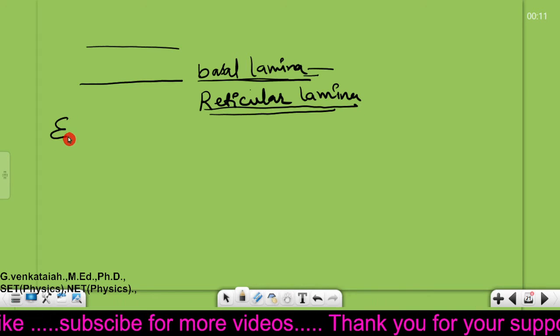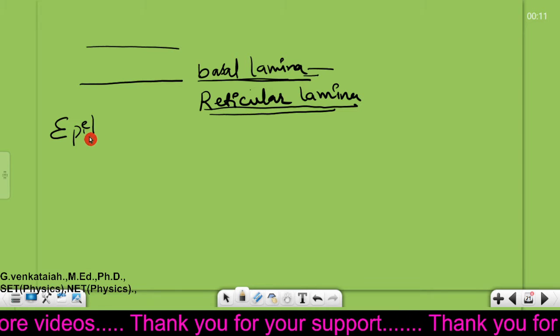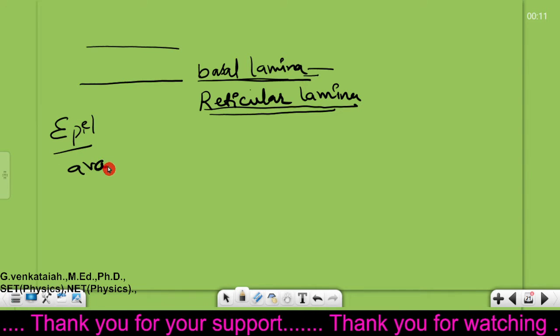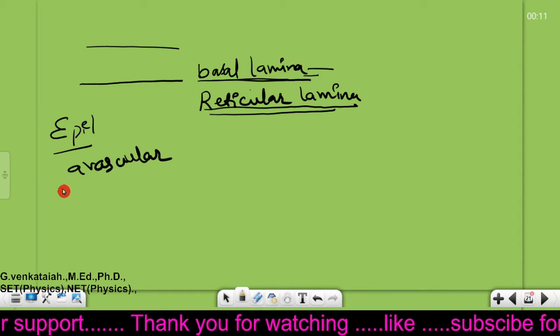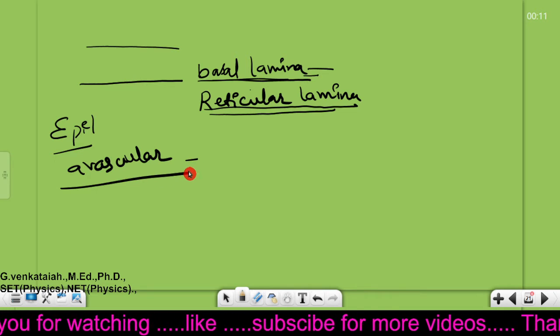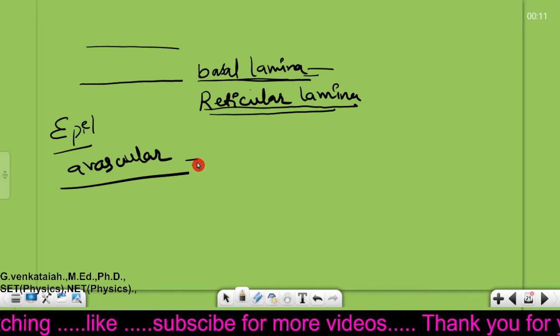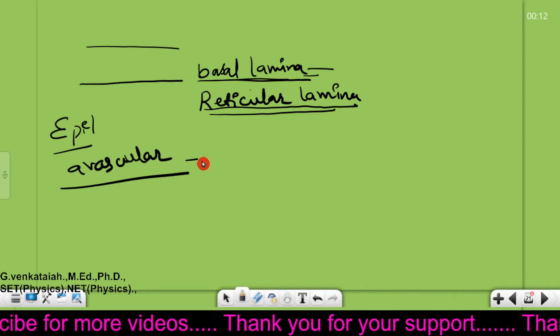Generally, epithelial tissue is avascular. Avascular means blood vessels are absent in the epithelial tissues.